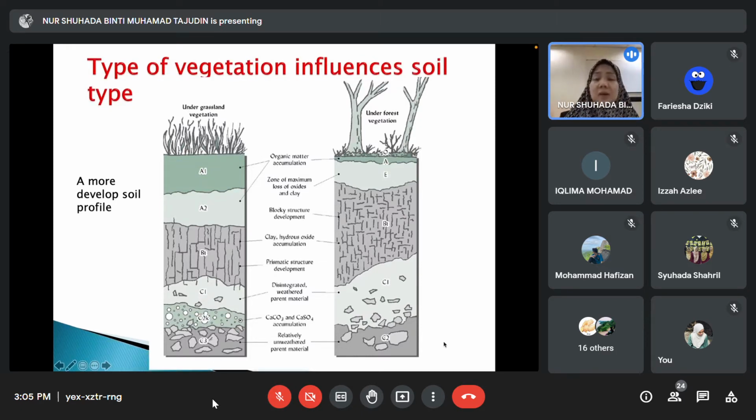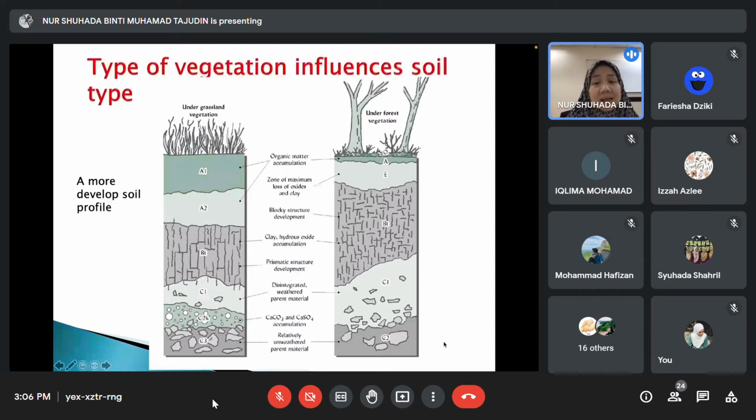So that's why the organic matter accumulation is delayed. It is a slow process. But in grassland, grass is usually thin and small, so it is easily decomposed.